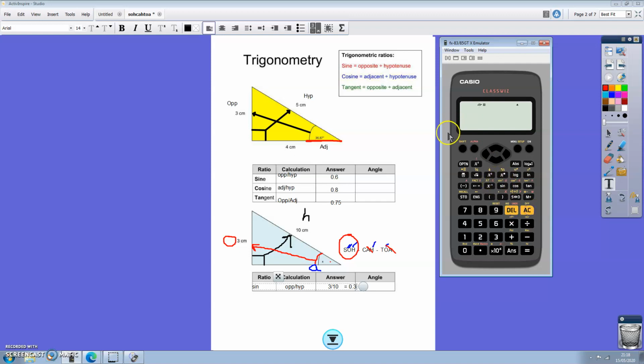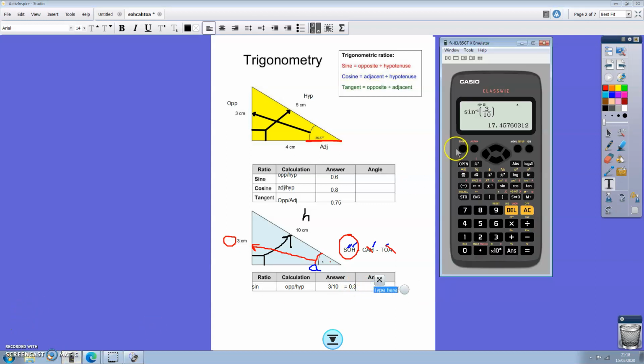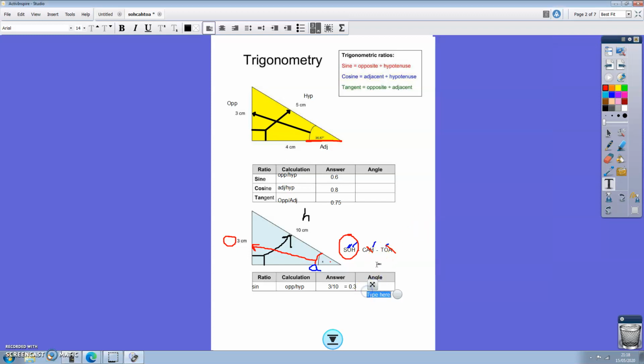So I'm going to press the shift key, sine, which will give me sine minus 1, and I'm going to put 3 divided by 10, opposite divided by hypotenuse, equals, so the size of that angle is going to be 17.457 and so on.